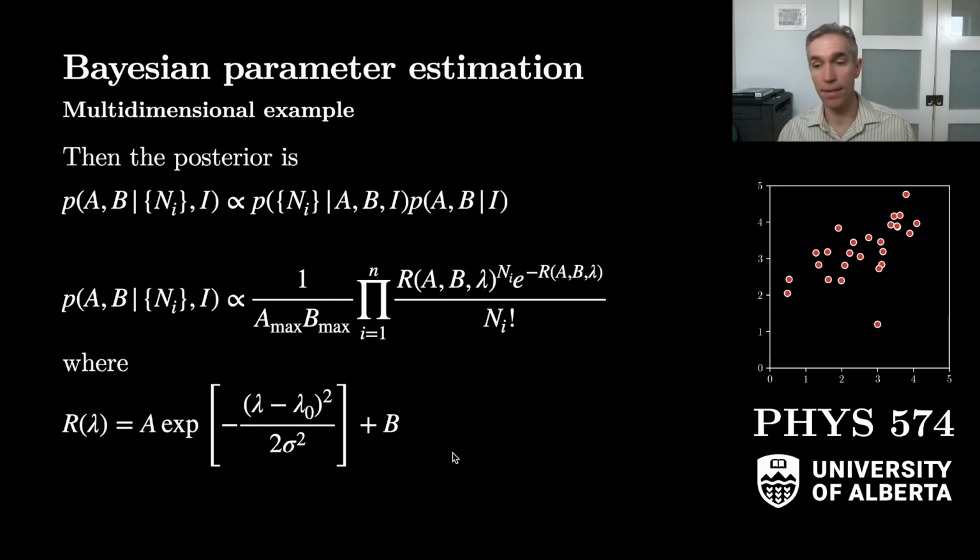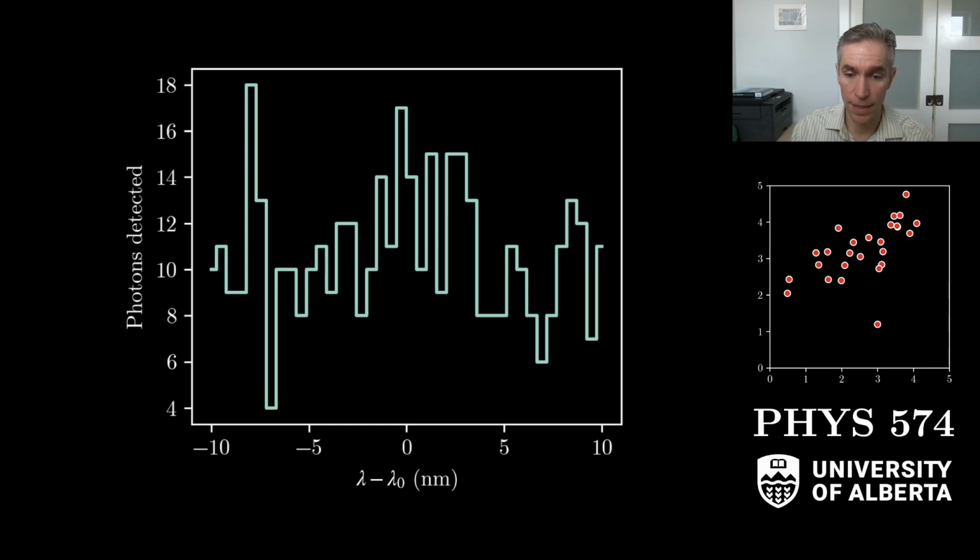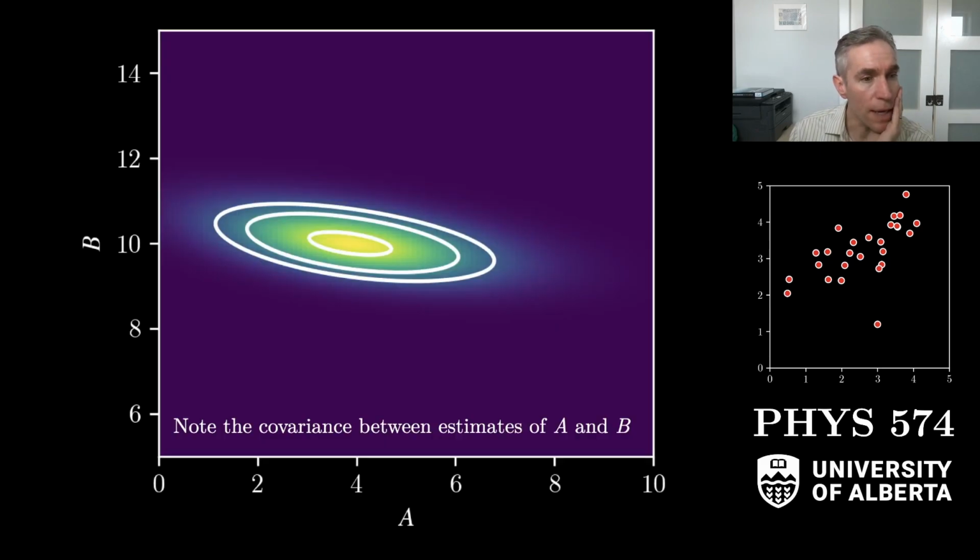And if we take the spectral line profile that we were looking at, and we calculate it across all of the channels that we see here, we get a probability density function for the posterior that looks like this. So there's an A parameter and a B parameter.